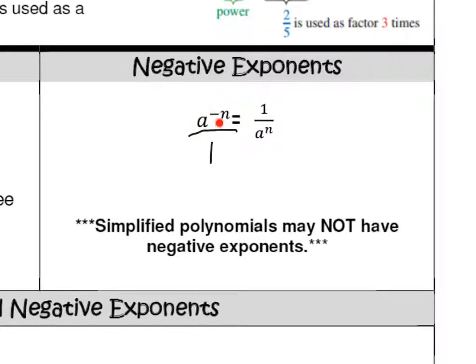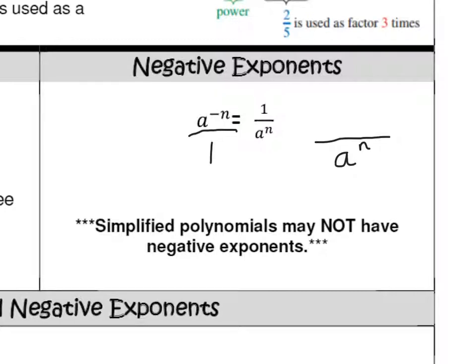In order for us to make this a positive n, we're going to have to move it to the bottom line. So we always start by just drawing our line, and we're going to move this a to the nth power to the bottom. Now notice when I moved it to the bottom, I took away the negative. It's no longer negative. I moved it to the bottom. That took care of the negative.